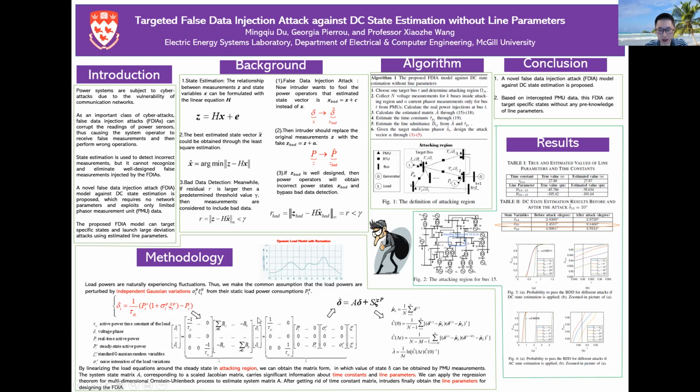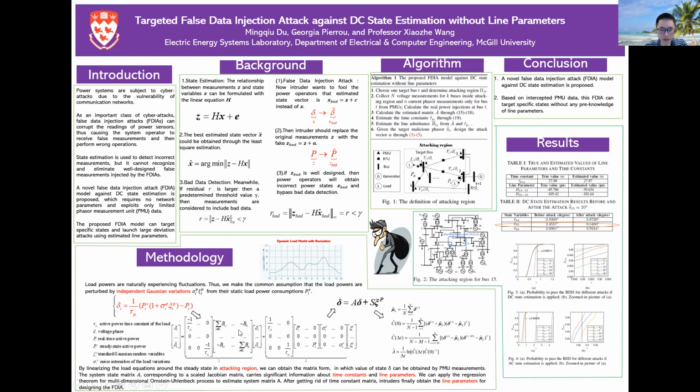As you can see, the value of state theta here can be obtained by the PMU measurements. The system matrix A, corresponding to a scaled Jacobian matrix, carries significant information about the time constant part and network parameters.